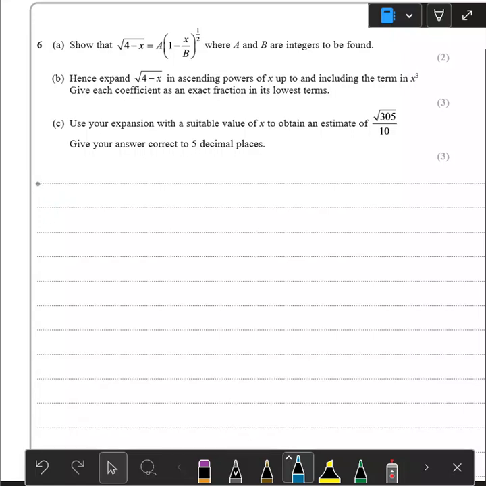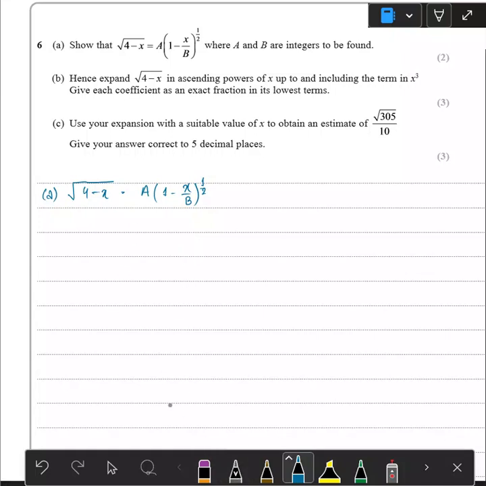So for part A, we have been given an expression which is root over 4 minus x. This expression we have to express in the form a(1 minus x/b) to the power of half.